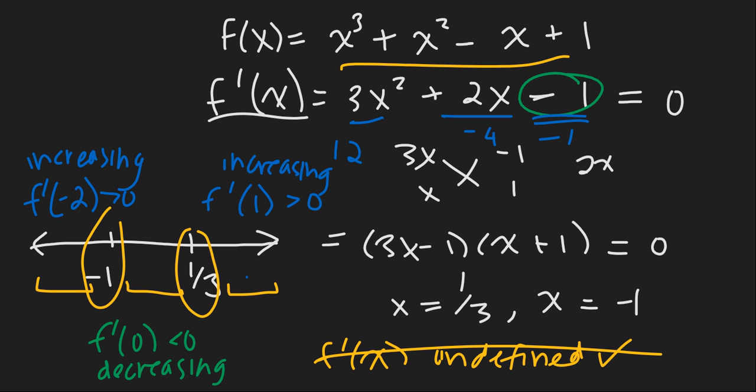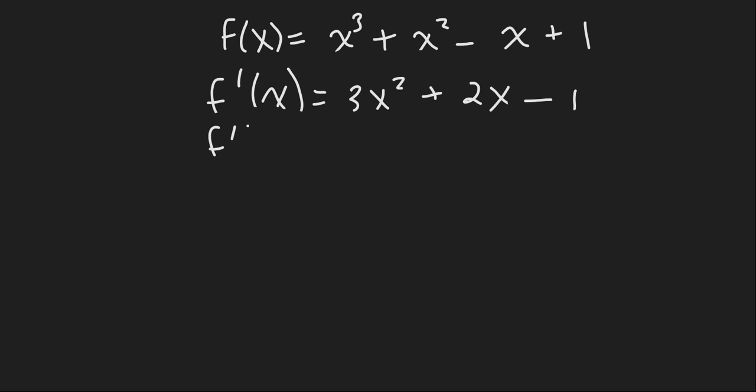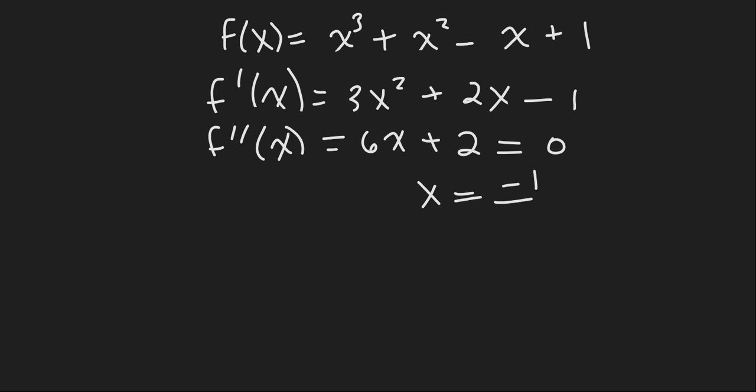So technically, you're trying to find the change in slope, which is just the derivative of the derivative. So we're going to find the second derivative. So let's take the derivative again. That's going to be 6x plus 2 is equal to 0. This one's really straightforward. X is equal to -1/2. No, sorry, -1/3.